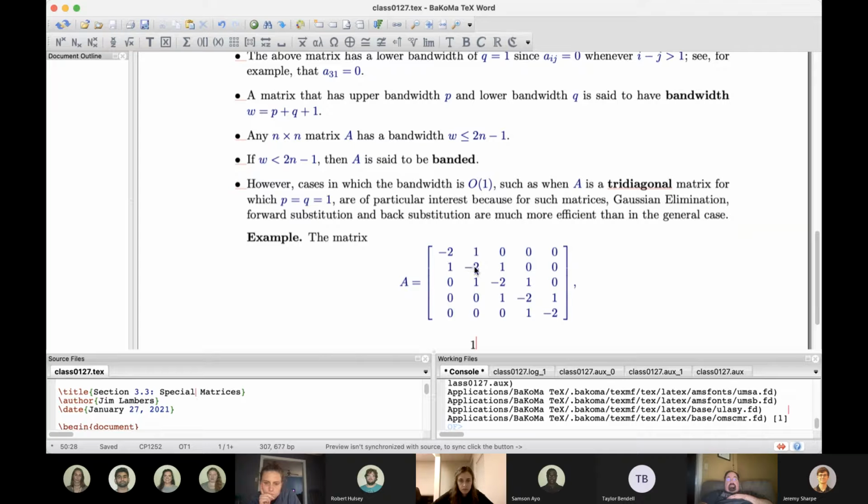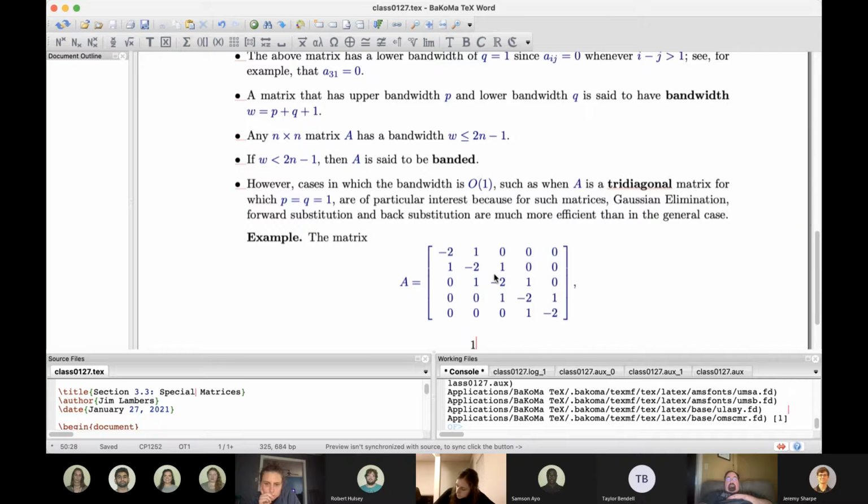It comes from the central difference approximation of the second derivative, because the second derivative at a point x is approximately equal to -2 times the function at x plus 1 times the function at x plus delta x plus 1 times the function value at x minus delta x.